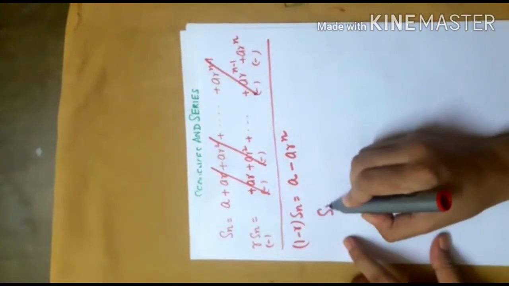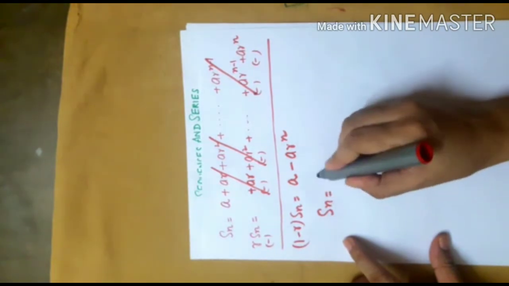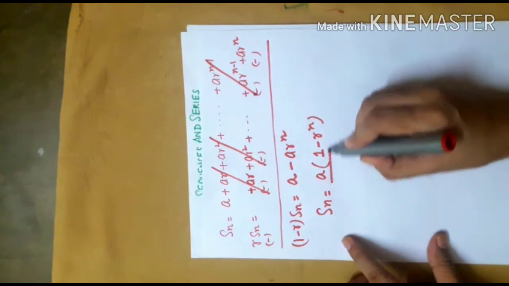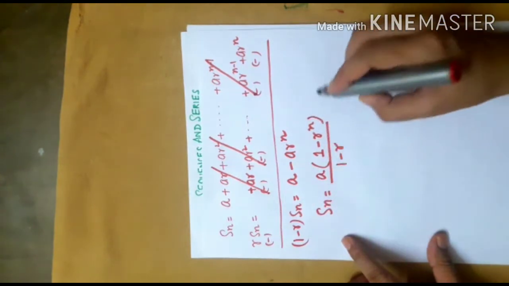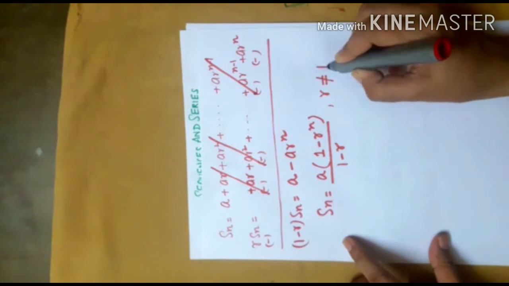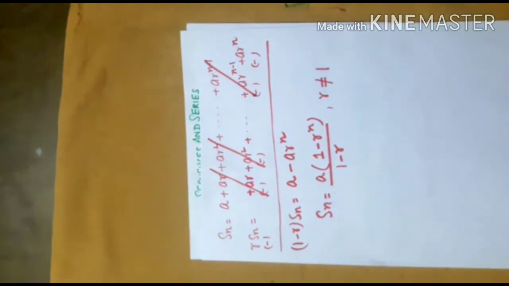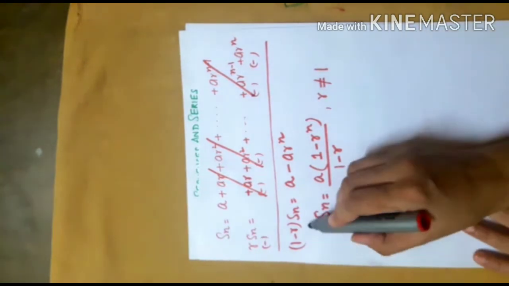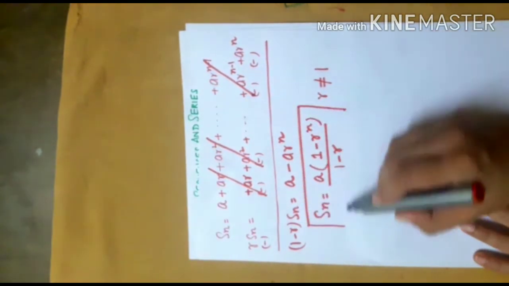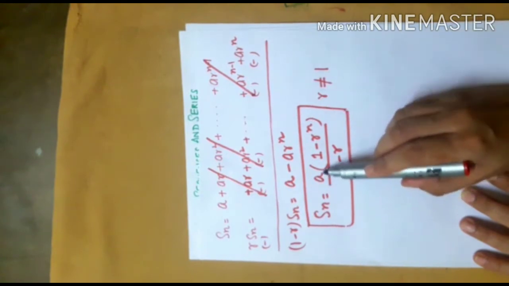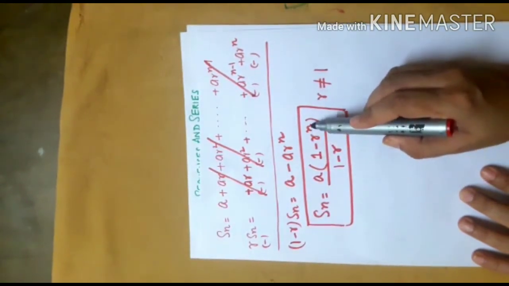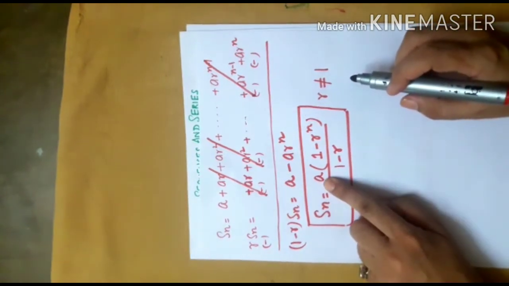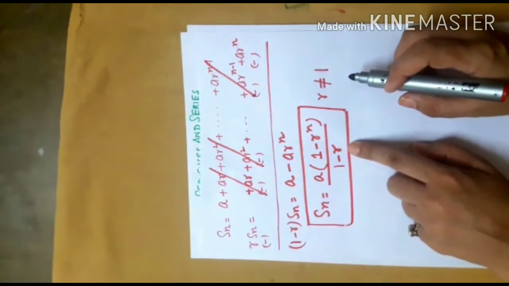So from here, Sn will be equal to, taking the common factor a outside, a into 1 minus r raised to the power n over 1 minus r, provided r is not equal to 1. That is, when the common ratio is not equal to 1, the sum of first n terms of a GP is given by a into 1 minus r raised to the power n over 1 minus r, where a is the first term and r is the common ratio.